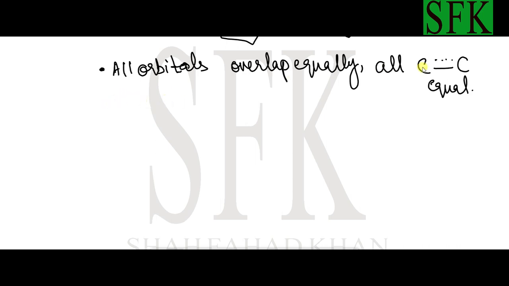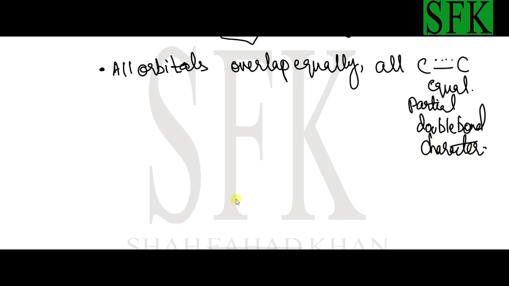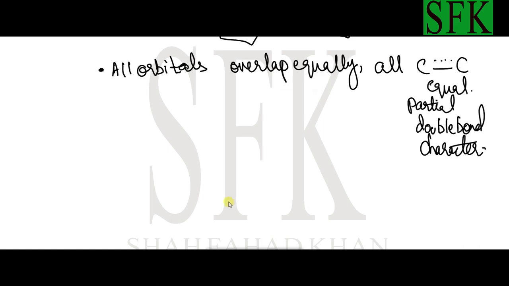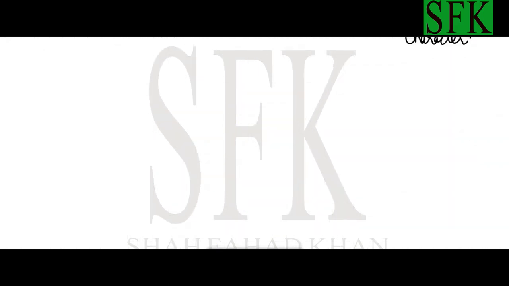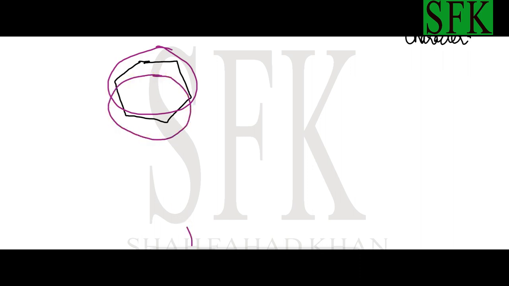This is the first, and they have a partial double bond character. Okay, then the next point is, due to this overlap of p orbitals, a donut-shaped electron density is made above and below the benzene ring.